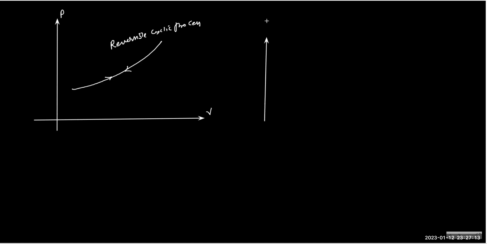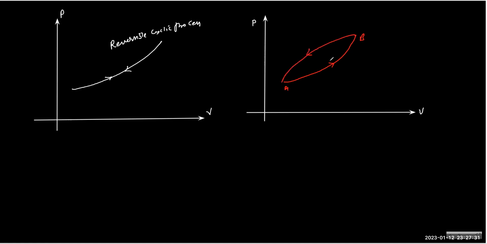If I draw the irreversible process, even though it is cyclic, you may go from A to B via a path, but you can't come back via the same path. The path will change. So you won't be lucky enough to retrace those points which you traveled while going from A to B.